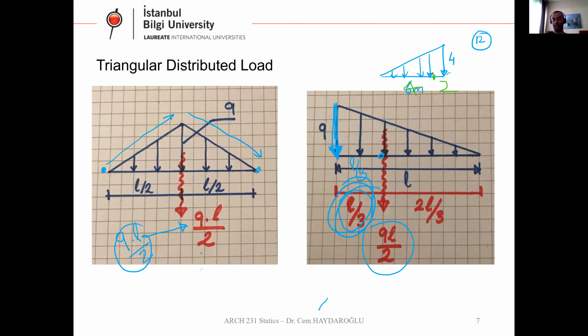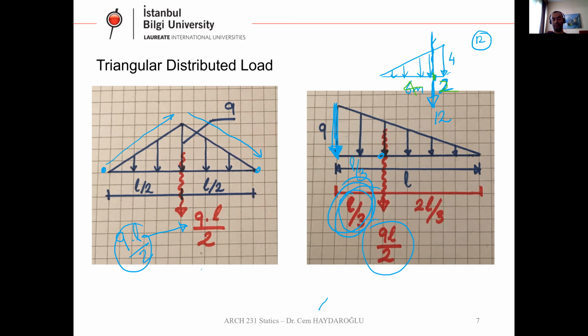So this is totally 6. L over 3 is 6 over 3, which is 2, this point. Here is my concentrated load, which represents this distributed load. Okay, I think you get the point here.